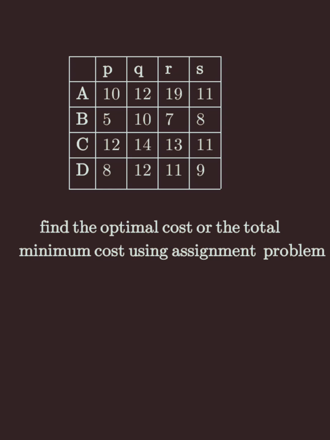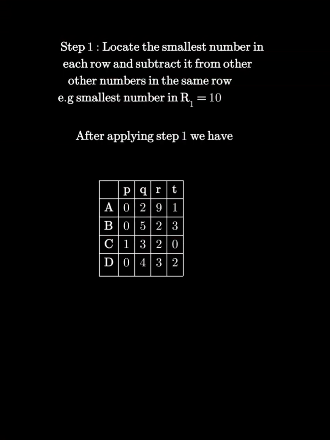So let's see all of the steps that we are going to follow to get the optimal solutions. The first step is that we have to use the row operation method. We locate the smallest number in each of the rows and subtract it from the rows.